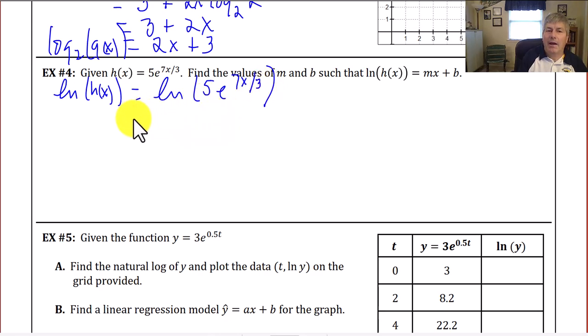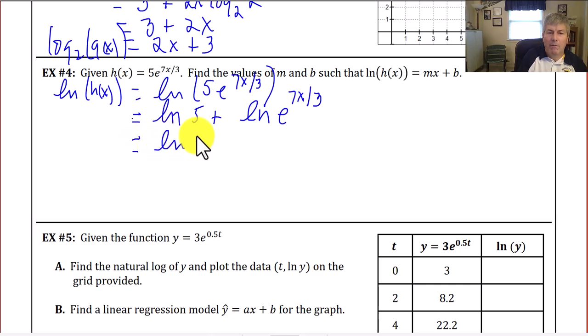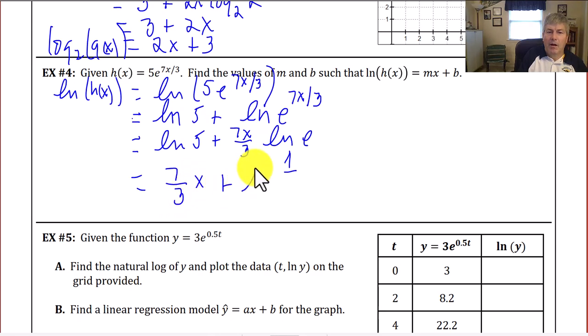And I'm going to apply my properties of logarithms and expand that logarithm. So I expand that logarithm with natural log of 5 plus the natural log of e all raised to the 7x over 3. I'll apply my power rule and bring the 7x over 3 down in front, and the natural log of e is 1, so that drops out. And my equation becomes 7/3 x plus the natural log of 5.